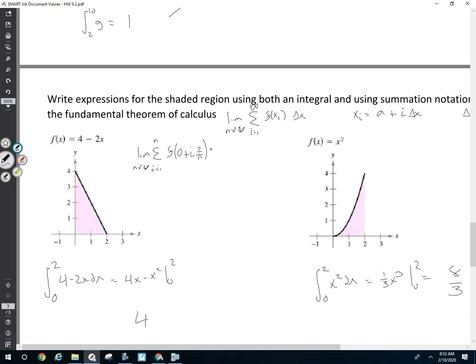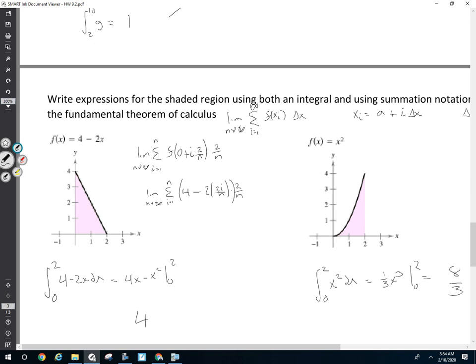And then delta x, 2 over n. Then the last thing I'm going to do is replace f with what f is equal to. I'm going to replace this for x. So i starts at 1, goes to n, of 4 minus 2 times 2i over n times 2 over n.